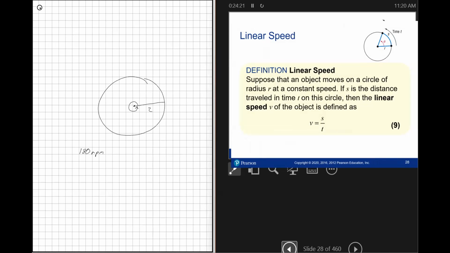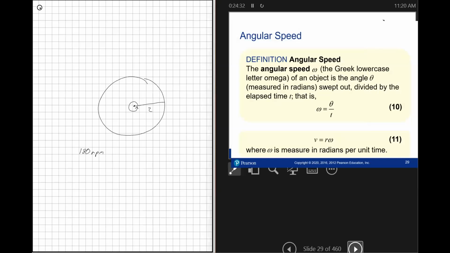Does it say? It does not say theta has to be in radians. Oh, omega is in radians. Okay.